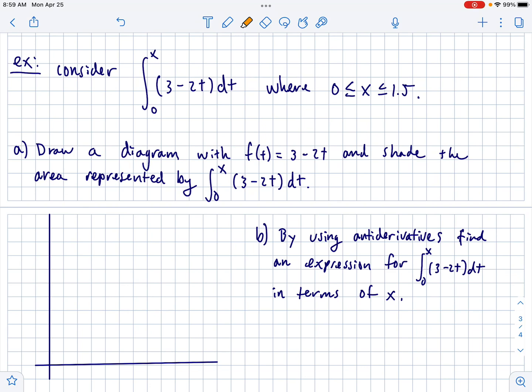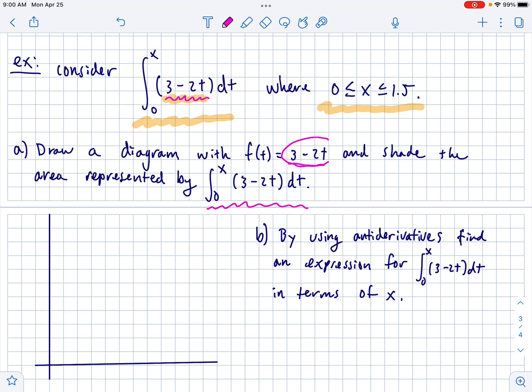In this example, we're going to consider the function, the integral from 0 all the way up to x of 3 minus 2t dt, where x is only between 0 and 1.5. The first part of this is we're going to draw a diagram where this is the function, 3 minus 2t. Notice that's the inside part from up here. And shade the area represented by this whole thing.